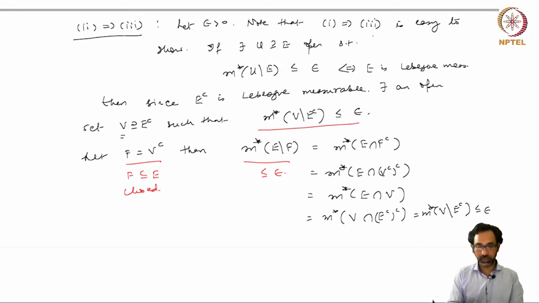So let's show that 2 implies 1, and then that would imply in turn that 2 implies 3. So we have broken this up into 2.